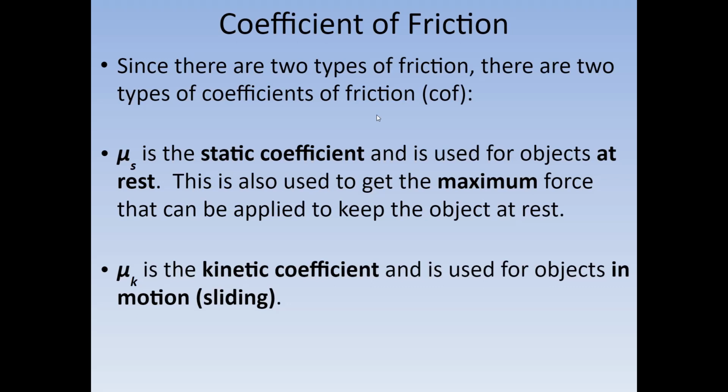So this is where Newton's laws come into play. When you have an object that is at rest, we know for certain that because of Newton's laws, the forces acting on that object have to be balanced. If you're applying 30 newtons of force in one direction, there has to be another force pushing 30 newtons in the other direction in order to keep it in equilibrium and keep it balanced.